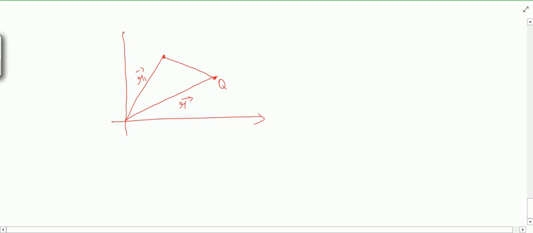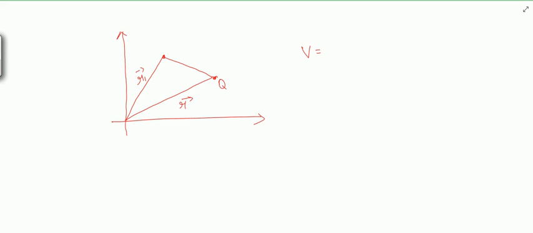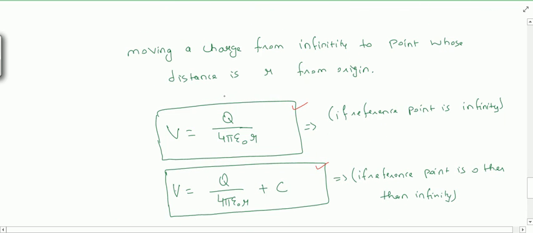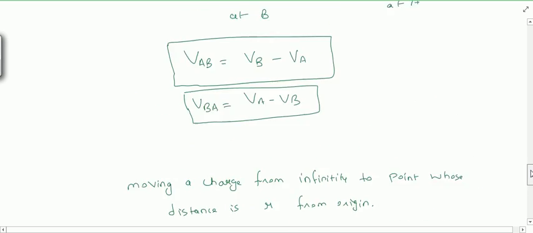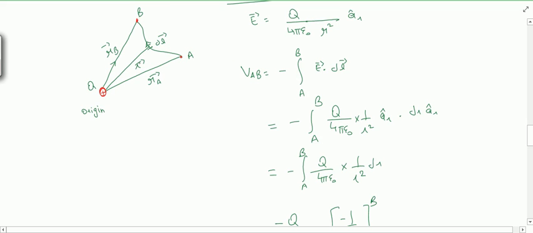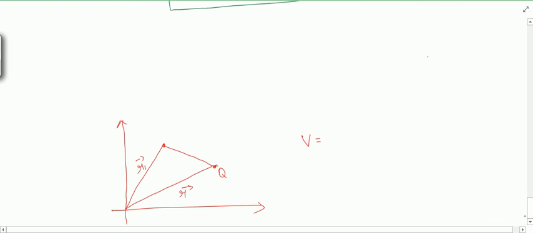Earlier it was q by 4 pi epsilon naught r if the reference point is at infinity, where r is the distance from the origin at which we are calculating the potential.